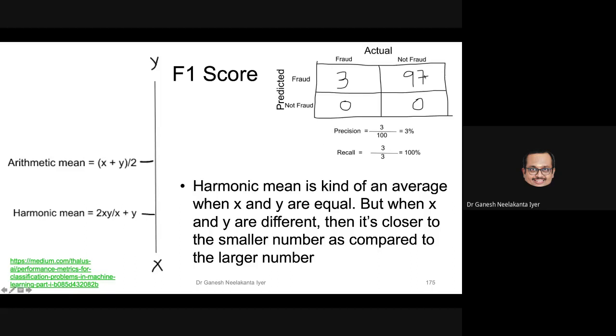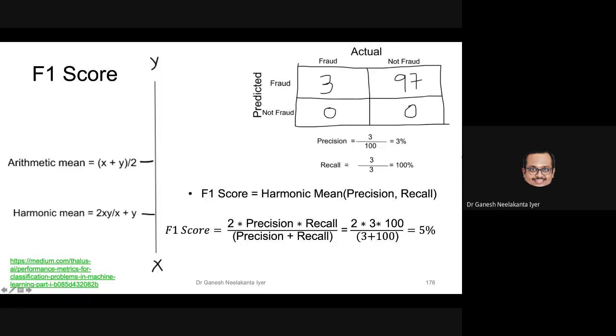So 2 times 3 times 97 divided by 3 plus 97, which will give a more realistic value of the overall effect of precision and recall. And that is the F1 score. 2 times precision times recall divided by precision plus recall is the F1 score, which is an important measure. See here, 5%. Even though recall was quite high, the fact that precision is low is much more evident from your F1 score.